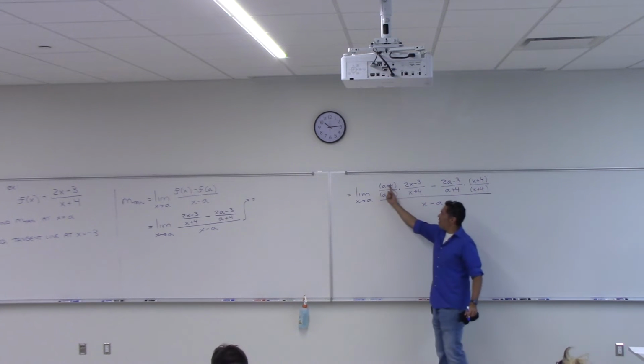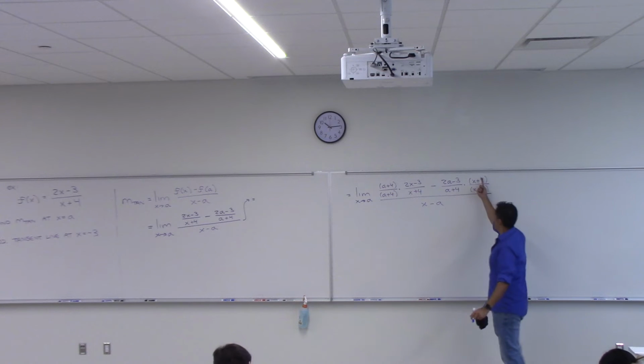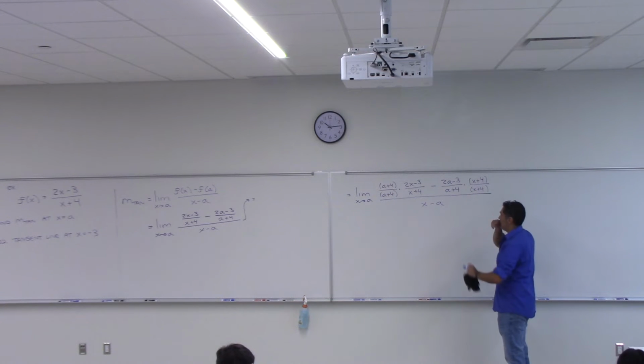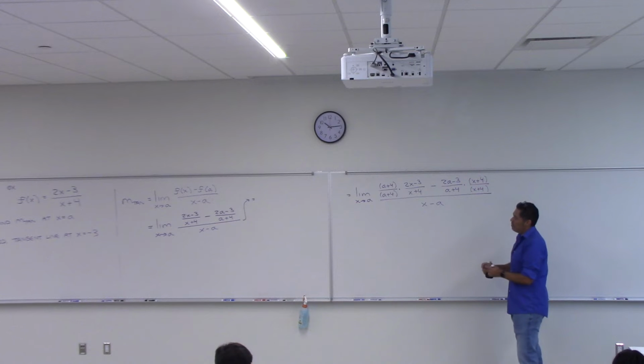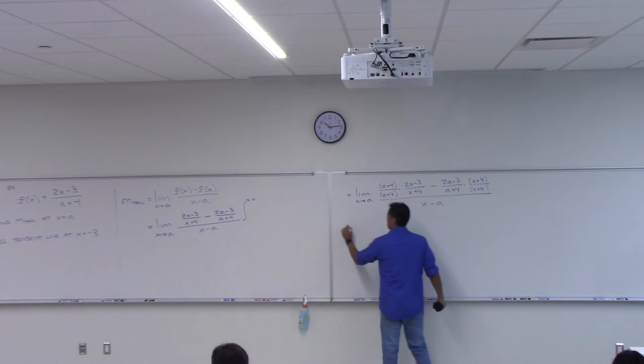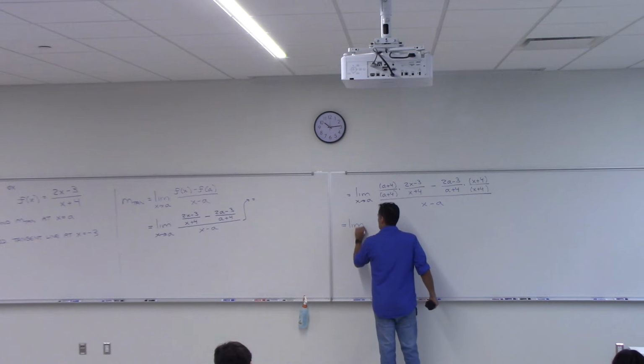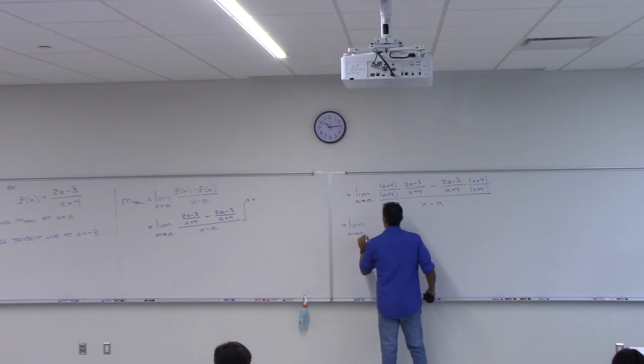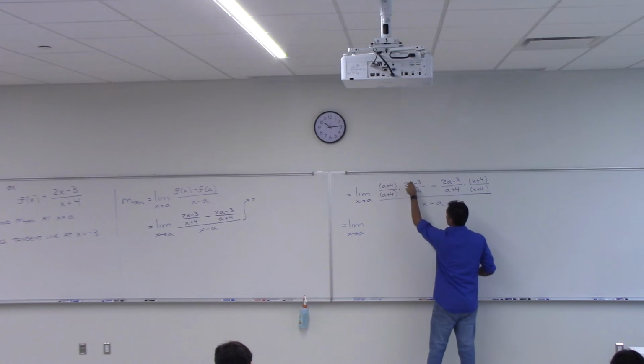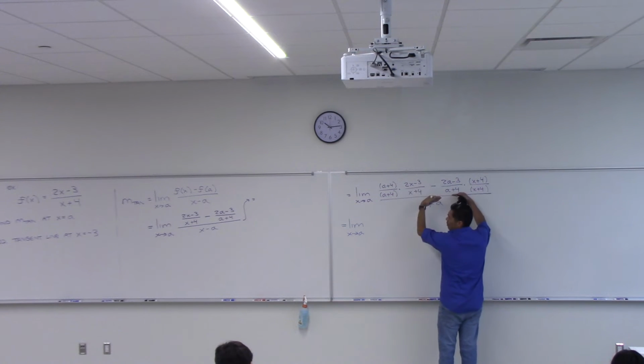So this is a 1 I introduced, right? And this is a 1 that I introduced. And now I put these together. So I'm going to kind of skip some steps here. I'm going to put these two together and those two together, and then I'm going to put them all into one fraction.